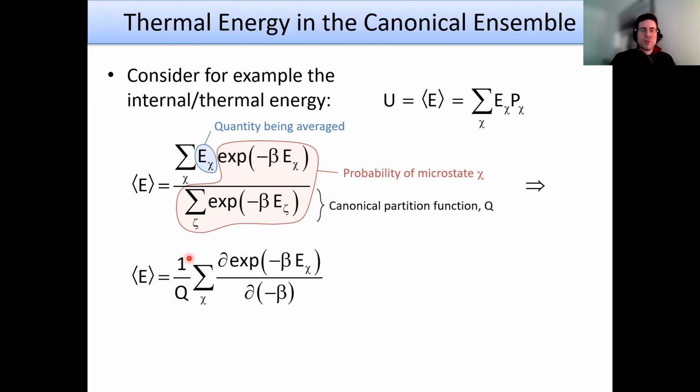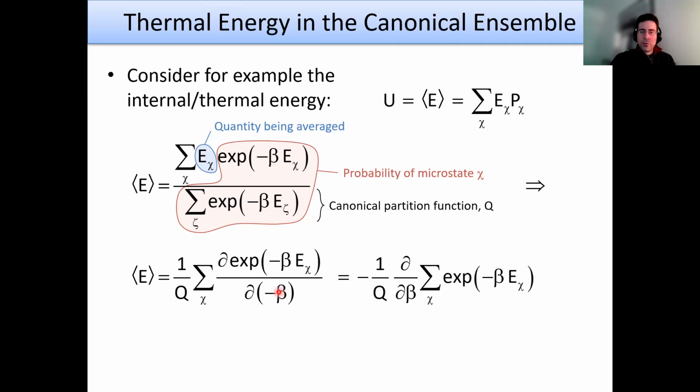Energy is equal to 1 over Q, the canonical partition function, times the sum of these things here. But then I think you would also agree with me that we can interchange the sum with the derivative. These are linear operators, and provided that we don't have anything pathological happening, like these terms are well behaved, I can interchange the partial differentiation with the summation, and I can get this thing here.